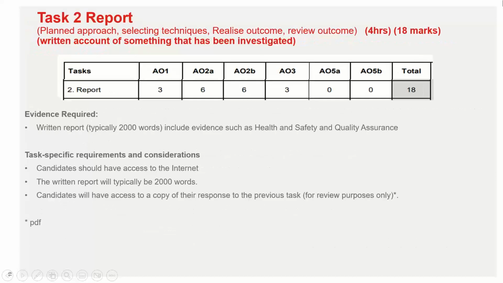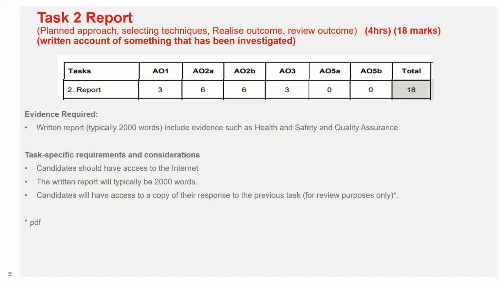For task 2, so this is now a report. So what is a report? What is it we're asking for here? So we want a written account of something that has been investigated, which will be the previous task as well. So what we're asking for is a written report, which is going to be approximately 2,000 words.